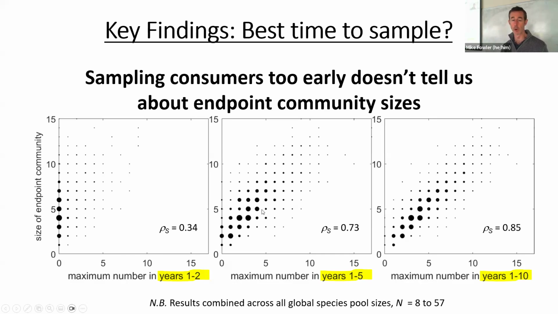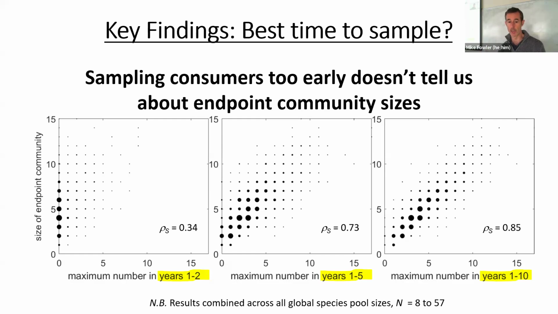First 5 years, we're getting closer, and maybe after 10 years we're getting close to some acceptable answer, allowing for some uncertainty around that, in terms of the correlation between the number of species, just the number of species, not the biodiversity Shannon index or something like that, that are there after 10 years. If we count them in the first 10 years, are they still going to be there after 100 or more years? That's the question we were asking here.